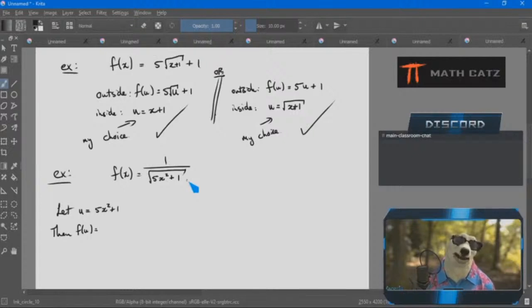I don't have a choice. I can choose the inside function, which is an easier one to start with, I feel. Starting with the outside function never goes well. Once I've chosen one of them, for example the inside function, the other one is set. I don't have any flexibility anymore. And the outside function would then be 1 over the square root of u.